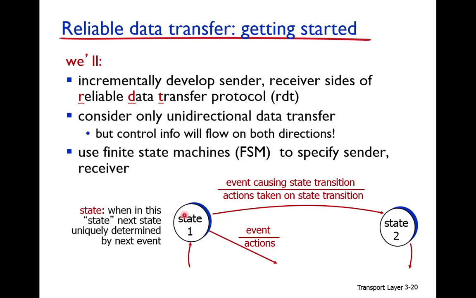This FSM is not part of the transport layer, but it is used to explain the working of the RTDT protocol. In the FSM the overall working of the system is represented through states, and if you want to move from one state to another, some events should occur and some actions are performed. We will discuss it later on.